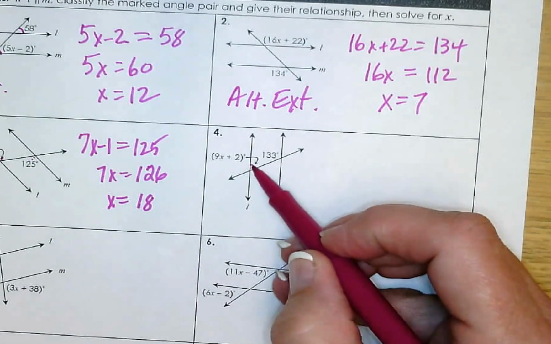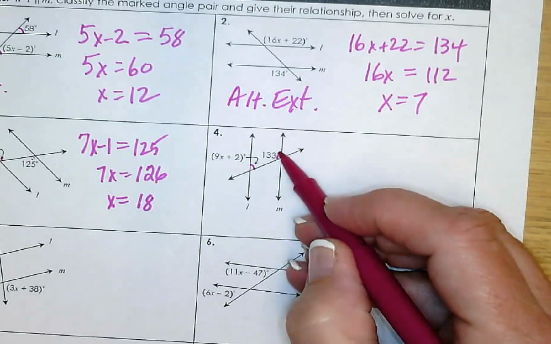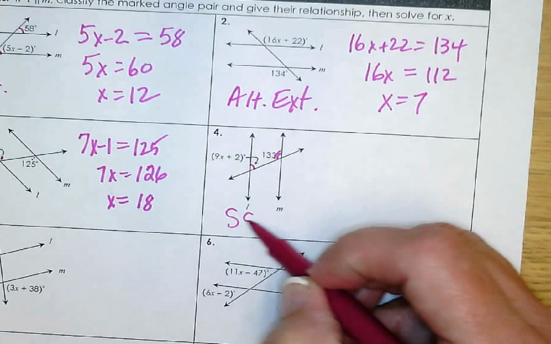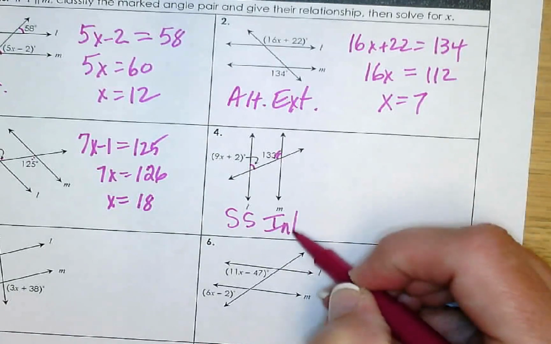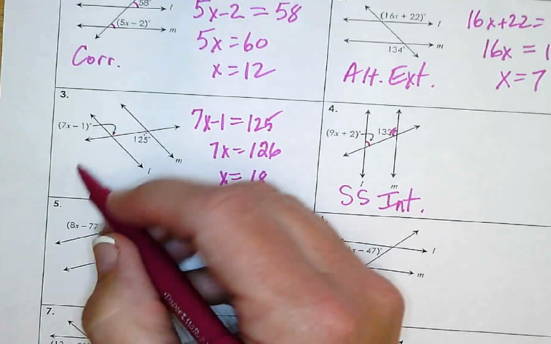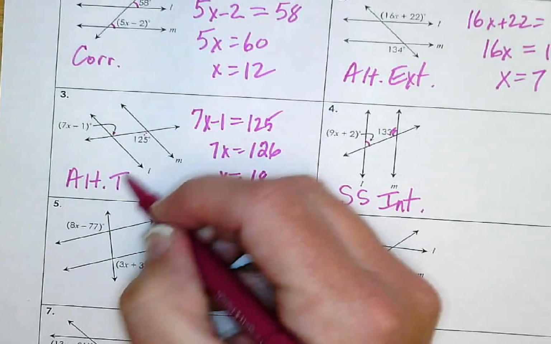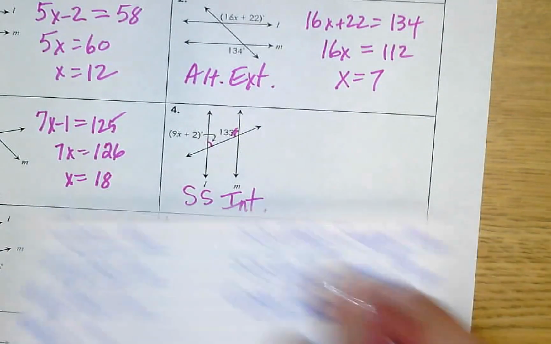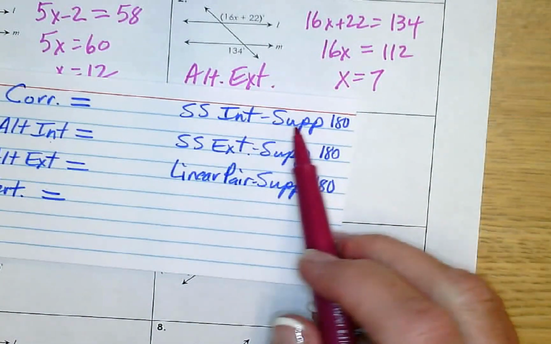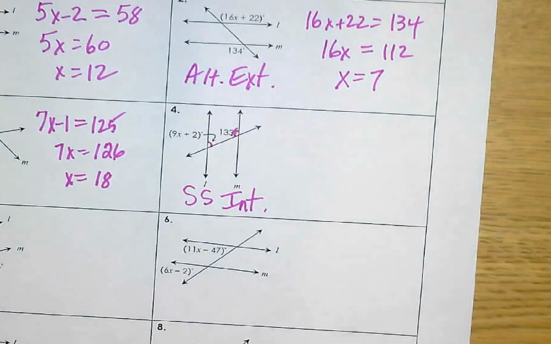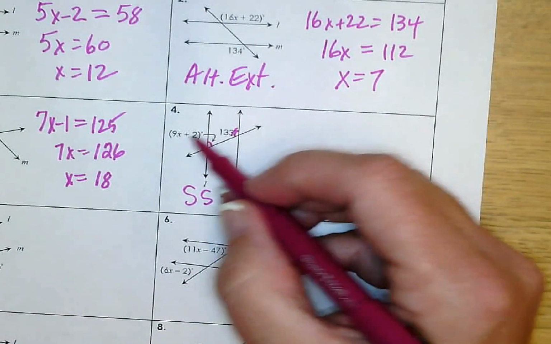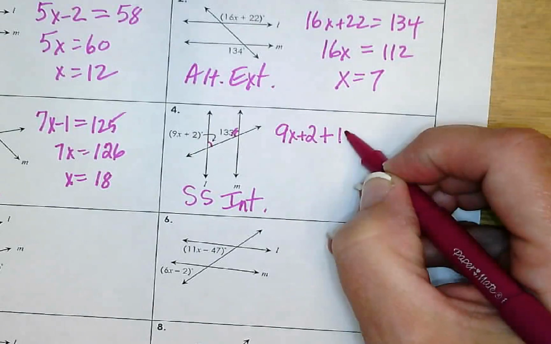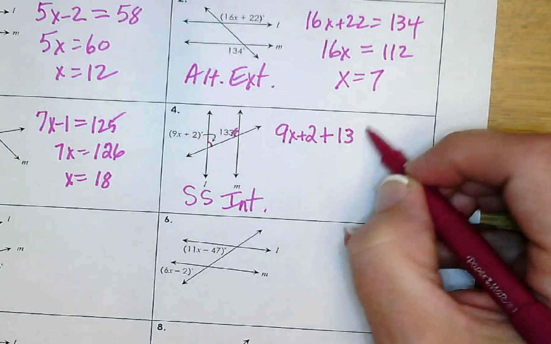So these two angles here are both interior, and they are on the same side. So these are same side interior. Oops, sorry, I forgot to write this one here. Alternate interior. Same side interior, when I look at my little cheat card here, same side interior angles are going to add to be 180. So I'm just going to take this expression, 9x plus 2, plus the other angle, which is 133.